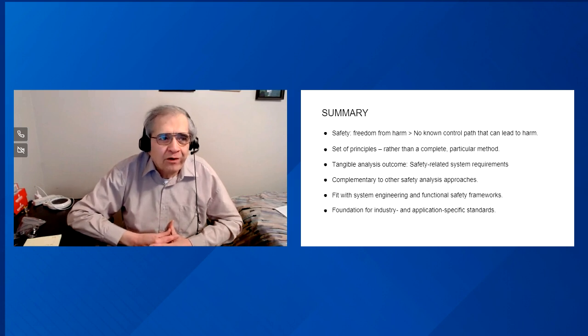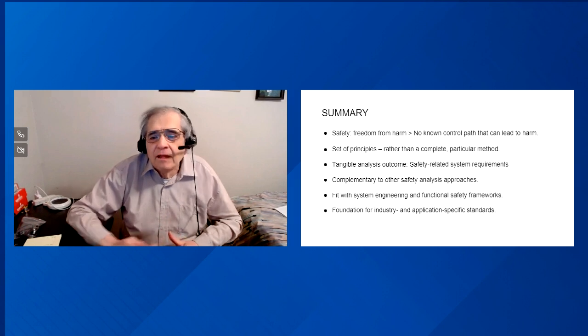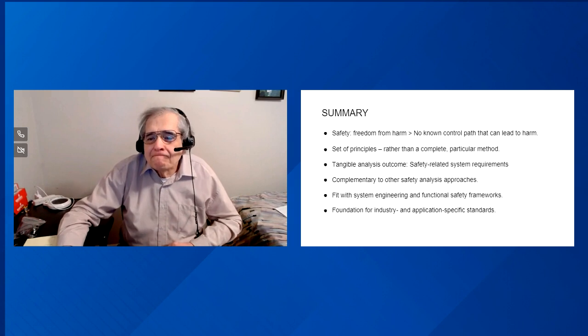So there's an a priori need to have a prototypical or essentially initial control design that you want to follow, and making sure that that control structure, so put some guarantees there, will not lead to any kind of harm as we have defined in this presentation. So that's basically my comment.